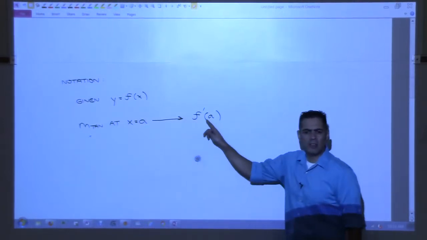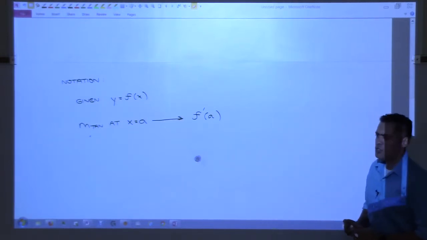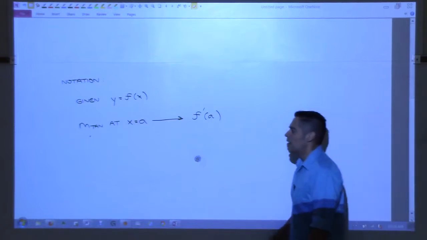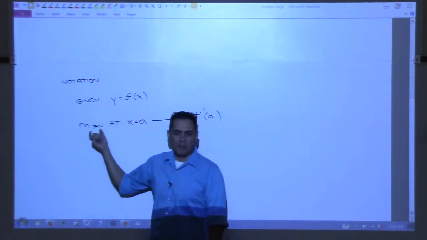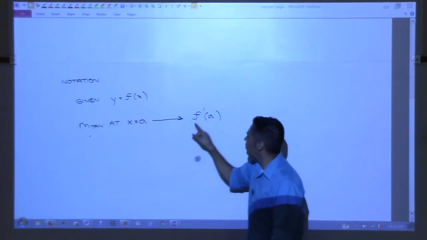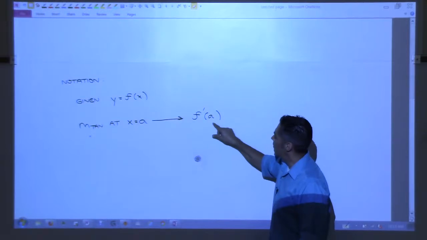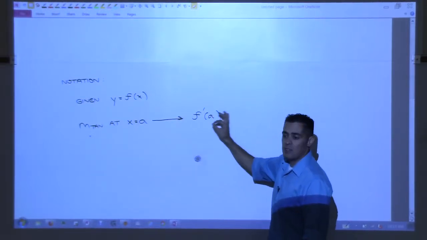Did I show you all that notation? I don't think I did. Okay, this is the notation we use. Instead of writing down, hey, find the slope of the tangent line at x equals a, if I just write f with this little mark here, like an apostrophe, f prime of a, that's telling you to find the slope of the tangent line at a.